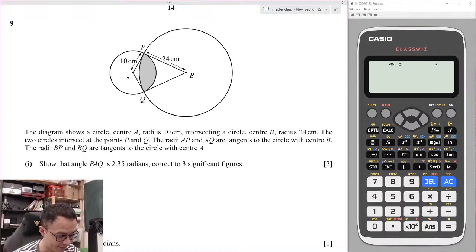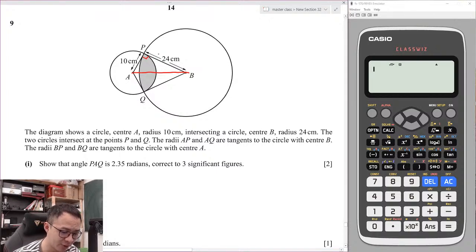We have some information here. We have some tangents here. PB and BQ are tangent to the circle with A here. Tangent means it will be 90 degrees. I try to cut this into half because tangent is going to tell me it is 90 degrees here.